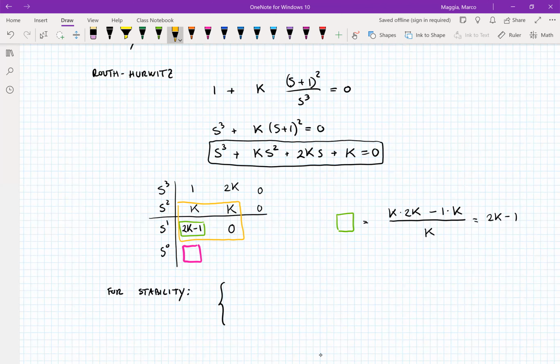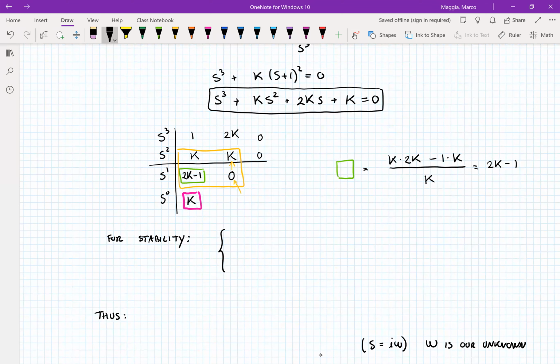Now we have a 0 at the bottom right corner, so our element will be the one above, that is k. And so we have the Routh array as 1, k, 2k minus 1, and once again k.